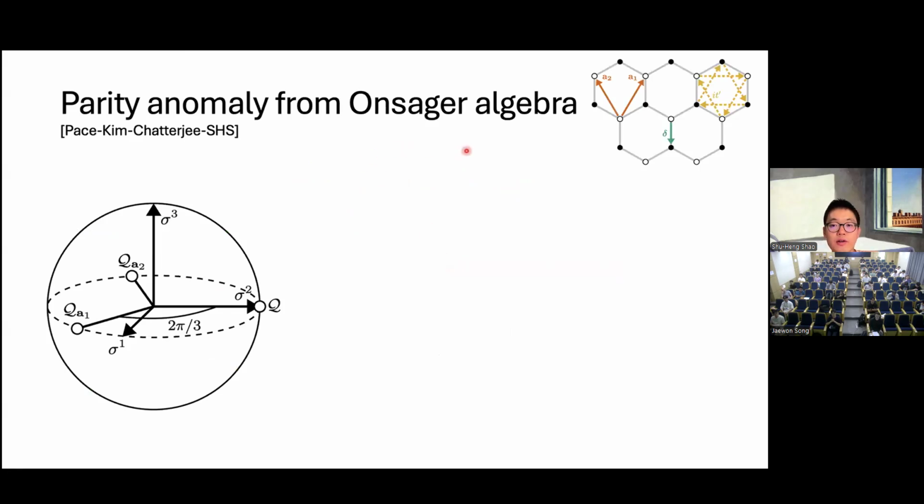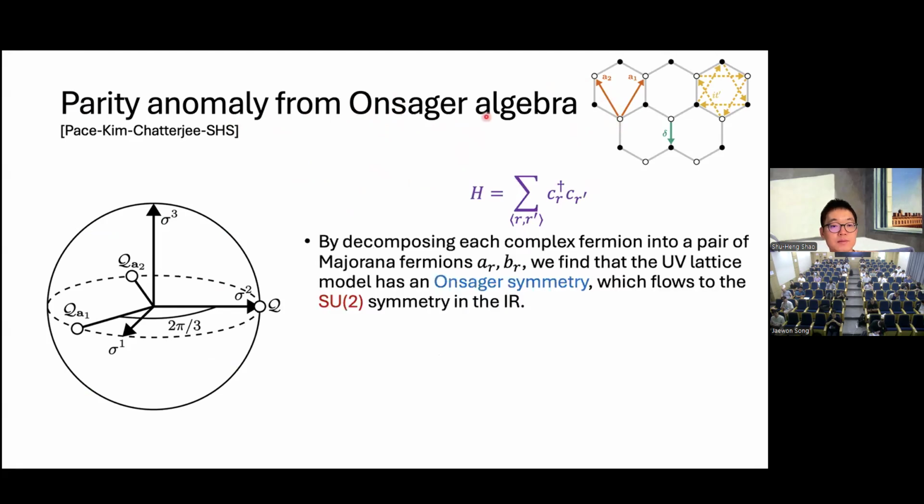So following the same prescription we had in 1+1D, we also find an Onsager algebra on the lattice for this nearest neighbor model on a honeycomb lattice. The trick again is to decompose the complex fermions into real Majorana pairs and utilize the lattice translation symmetry.